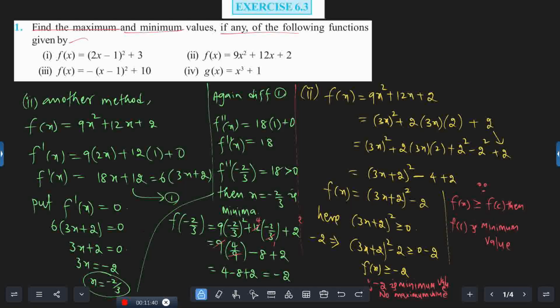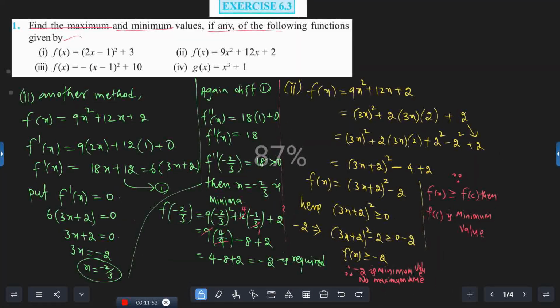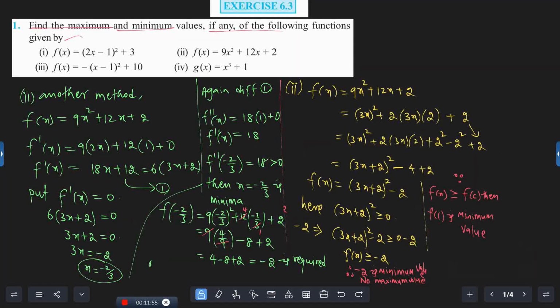So minus 2 is the minimum value. This is the required minimum value.